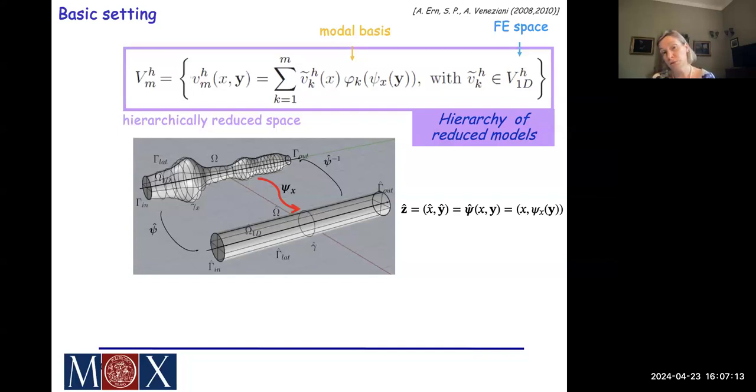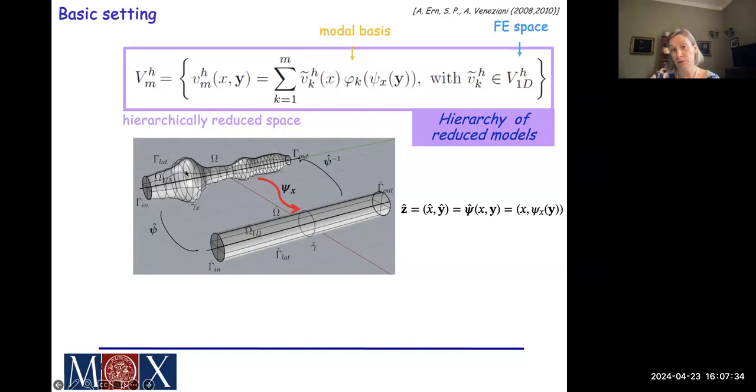So it is usual to resort to suitable maps that change, for instance, the shape of your transverse section into a shape of reference for your fiber, for instance a circle in the 2D case.